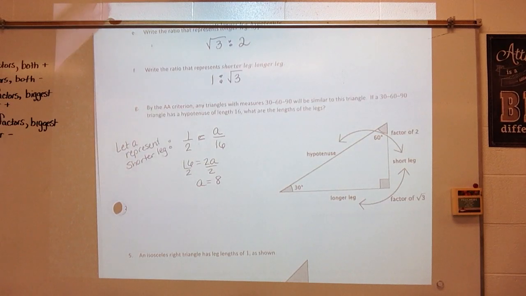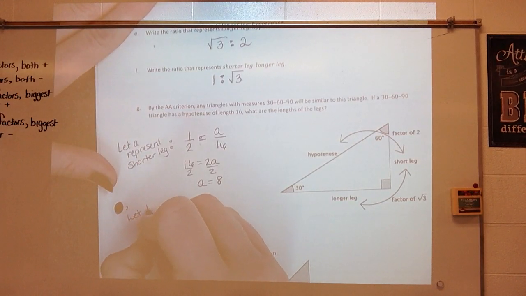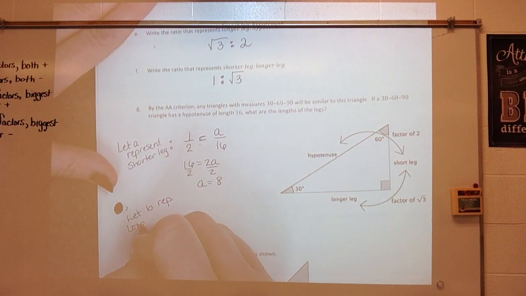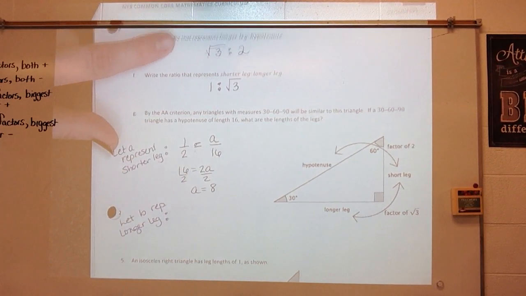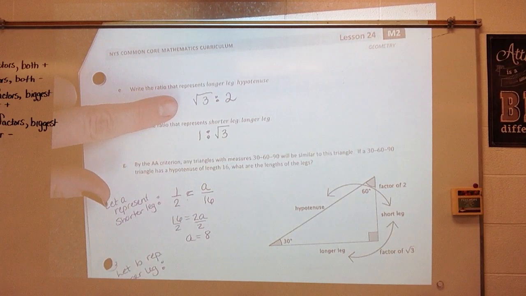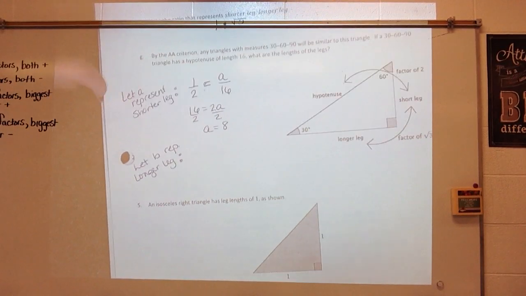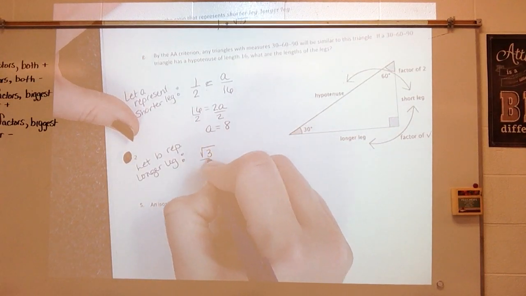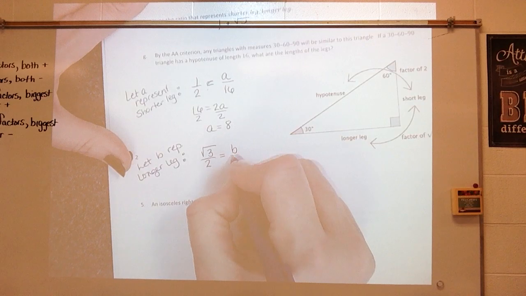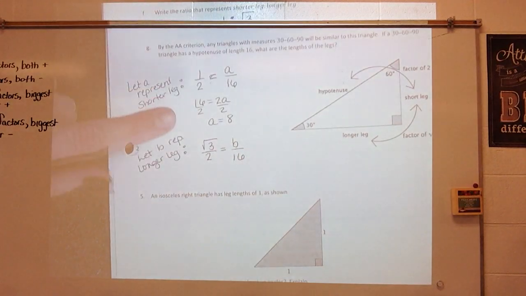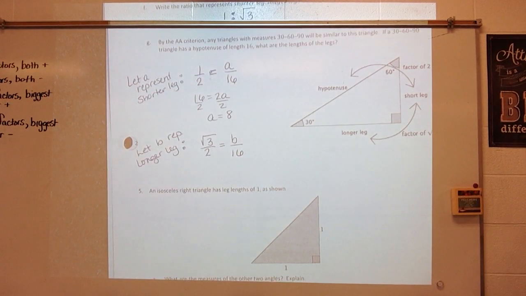Alright, let b represent the longer leg. I know my hypotenuse. My ratio for my longer leg to the hypotenuse is the square root of 3 over 2. So then my longer leg over the hypotenuse.